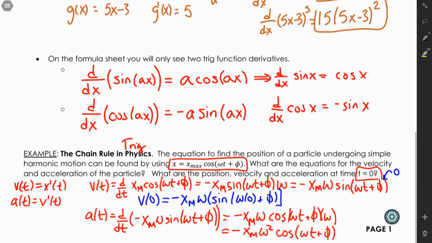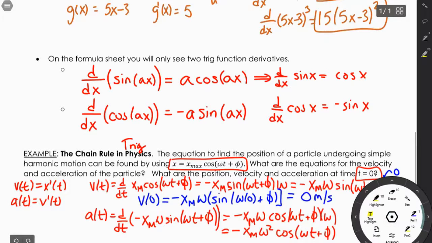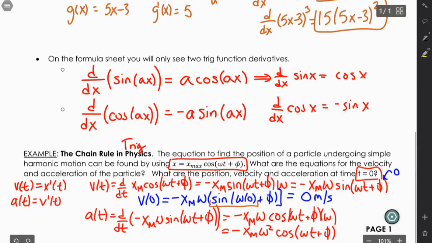What we find is that the velocity at 0 would be 0, because sine of omega times 0, well, sine of 0 is simply 0. So when it's at its maximum position, the velocity is simply 0. Again, we'll call our phase shift 0.